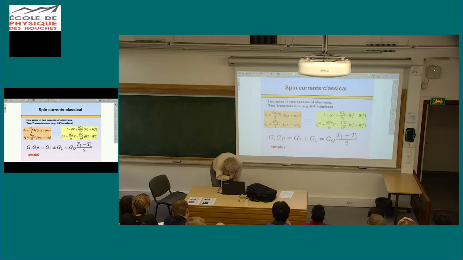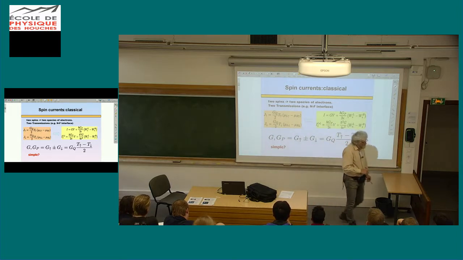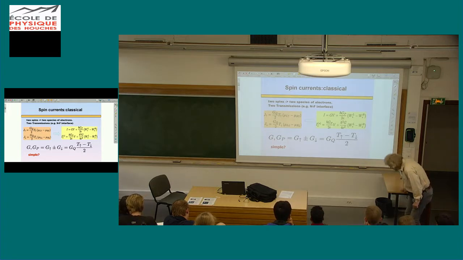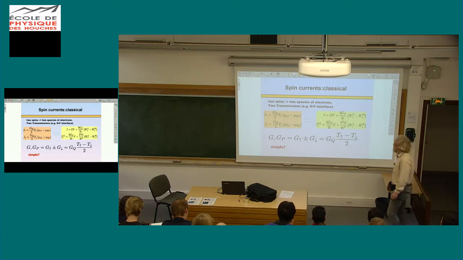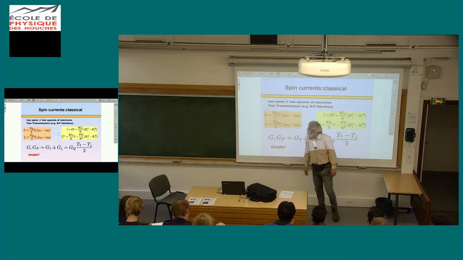Let me first consider a very simple situation when we have electrons only with a certain spin direction. In this case, we can't forget about the fact that spin is a quantum mechanical quantity. We just say there are two species of electrons, each has its own history. Then we can take two scattering matrices, two transmission coefficients which depend on spin.